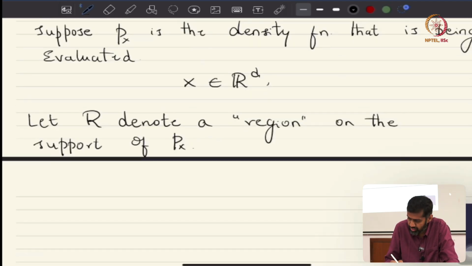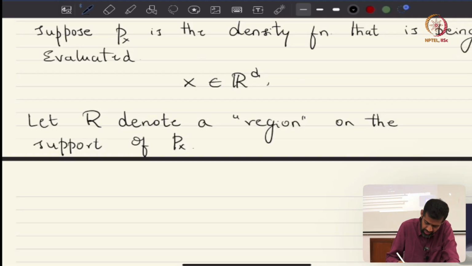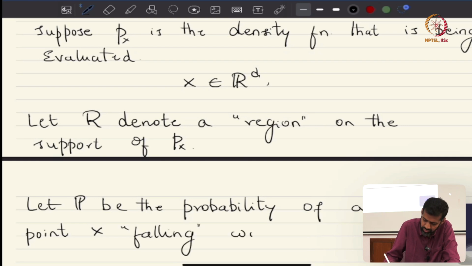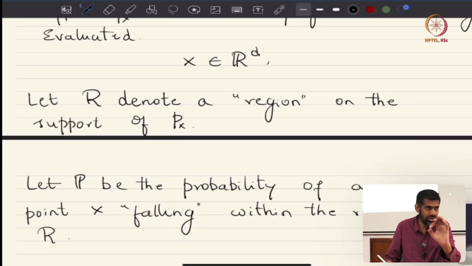Now let P be the probability of a point x falling within the region R. When you sample from this particular distribution, a point x may fall in region R or not, right.